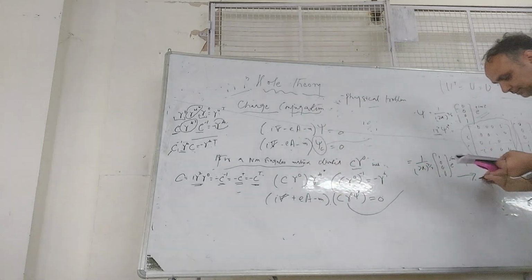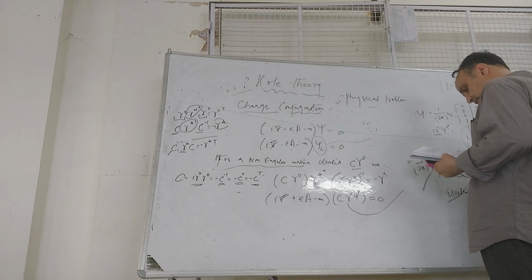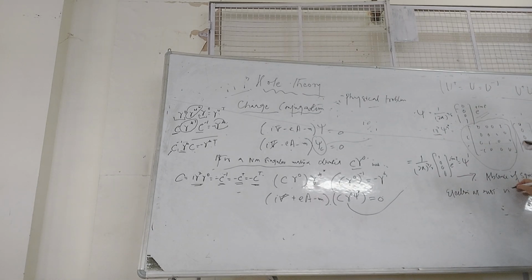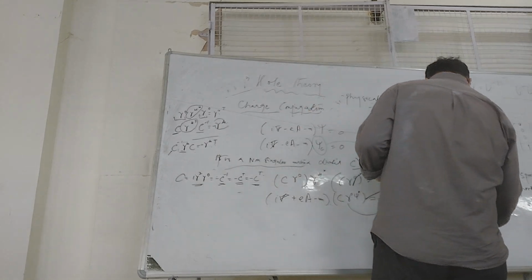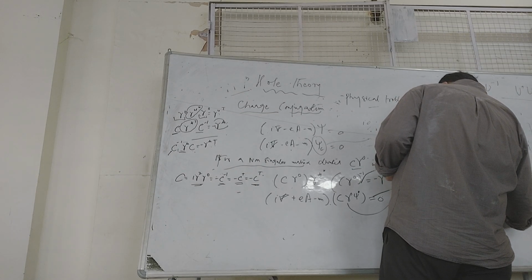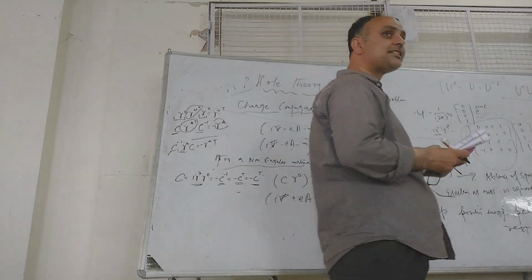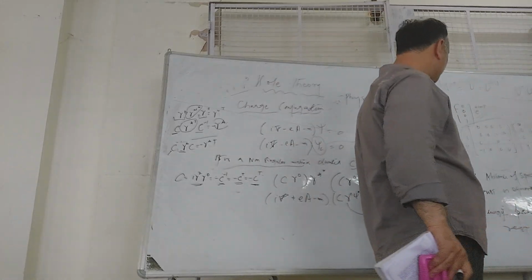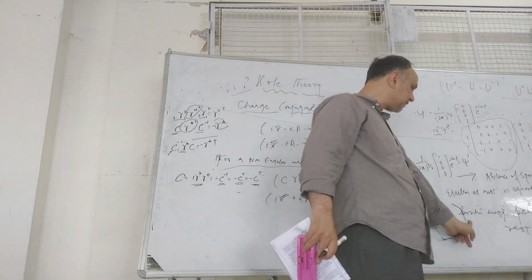So from this you can see that an electron at rest is equivalent to the presence of... we can say absence of a spin down negative energy electron at rest is equal to presence of a spin up positive energy positron at rest.